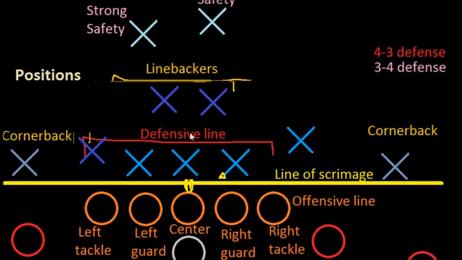Again, either team can swap players between each play if they want to. There's really no requirement of any one guy standing in any one place, so you can really move around, run around, try to confuse the offense, but we'll get into that when we talk about some more of the strategy involved in the game.